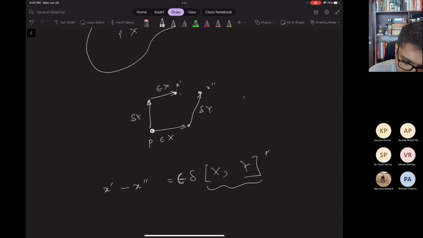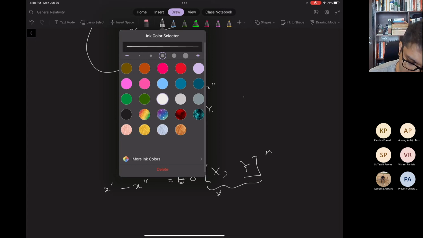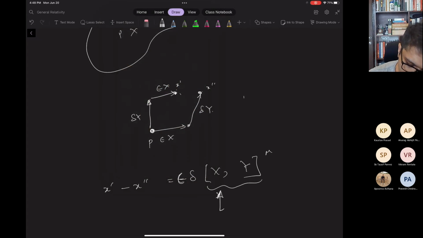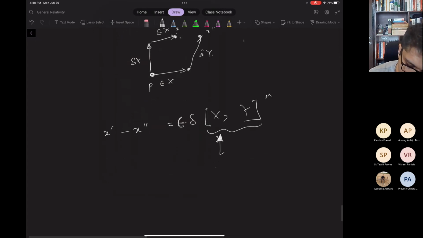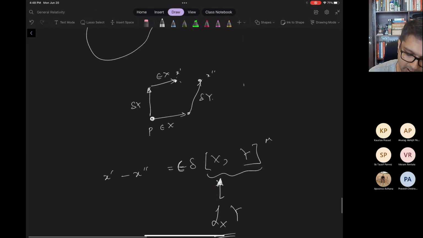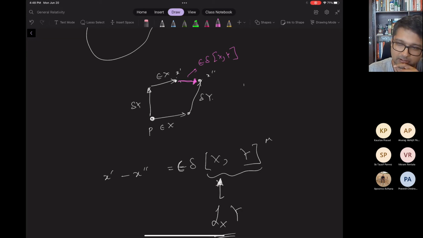This gives me a vector, the xy Lie bracket, which is the same as the Lie derivative of y with respect to x. It measures the incompatibility or incommensurateness of these two flows. It tells me that there's an extra displacement that I must cover. This extra displacement is epsilon delta xy, and when I cover it, I will get from this point to this point.